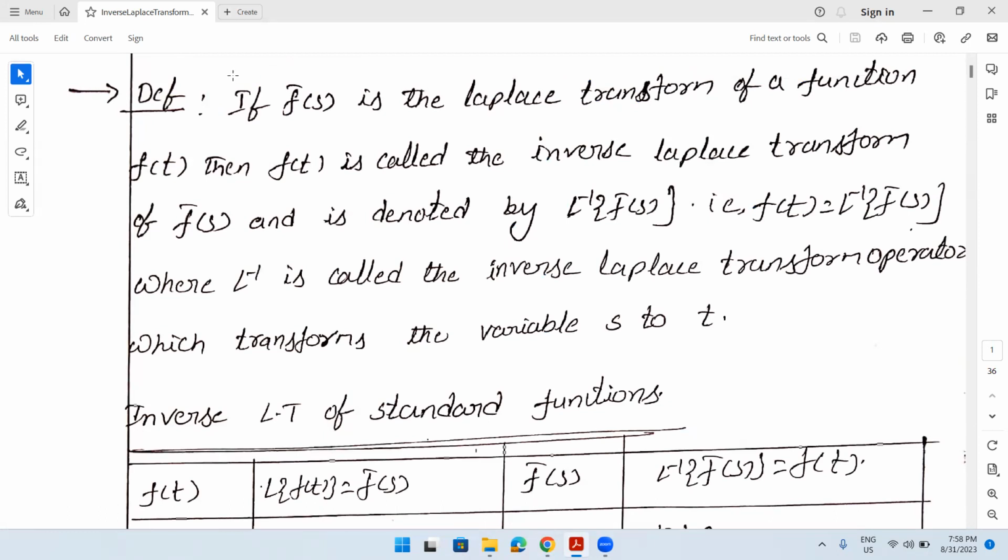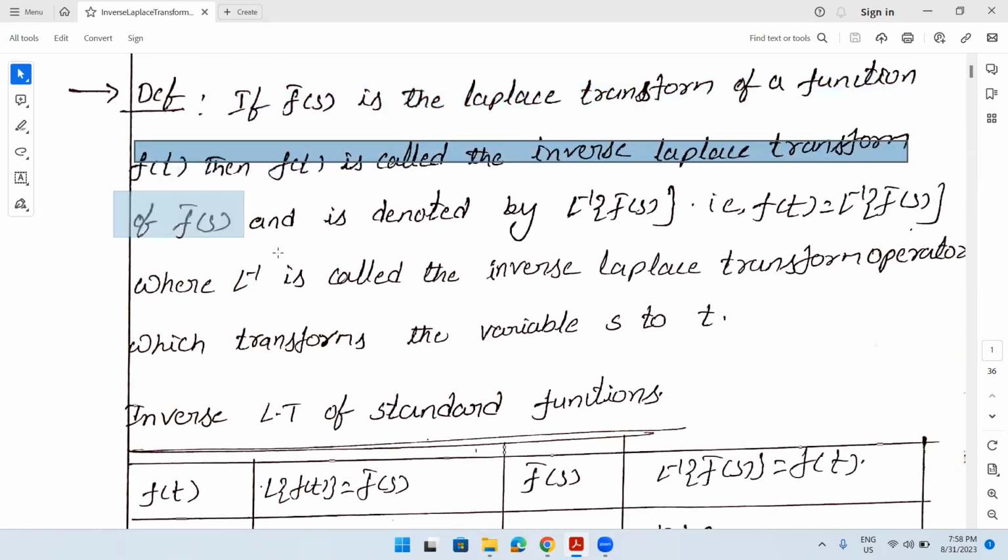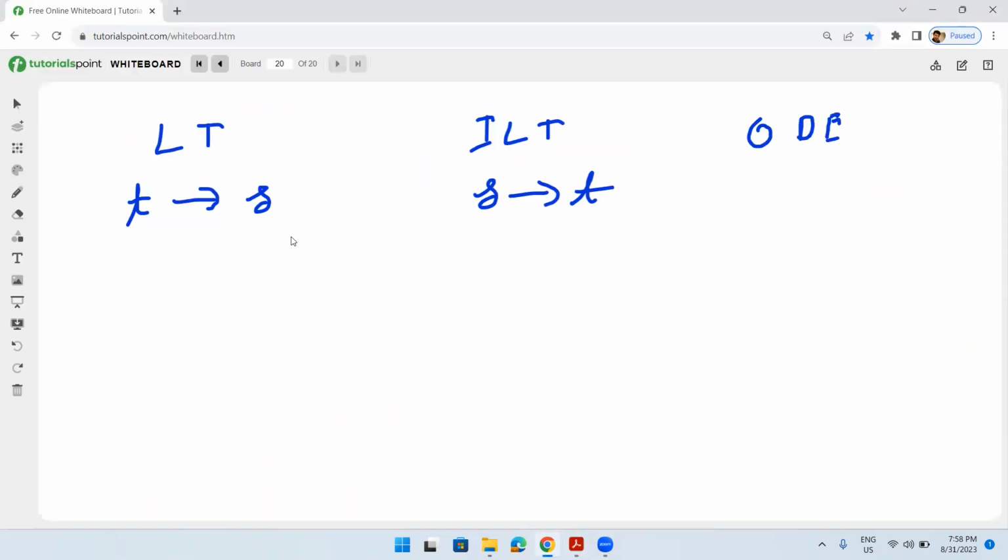So here, if f bar of s is the Laplace transform of a function f of t, then f of t is called the inverse Laplace transform of f bar of s. In Laplace transform, we have seen L of f of t is equal to f bar of s, a function of t to a function of s.